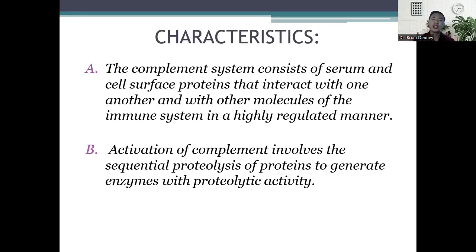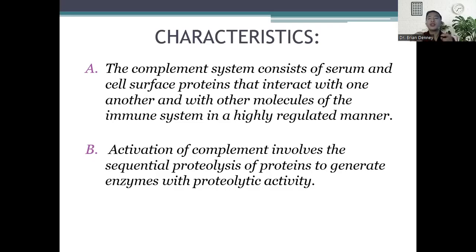Next, proteolysis. Sequential proteolysis of proteins. Okay. Now, your complement proteins are actually zymogens. You learned from your biology classes that zymogens are actually enzymes which are inactive. So normally your complement proteins are inactive.